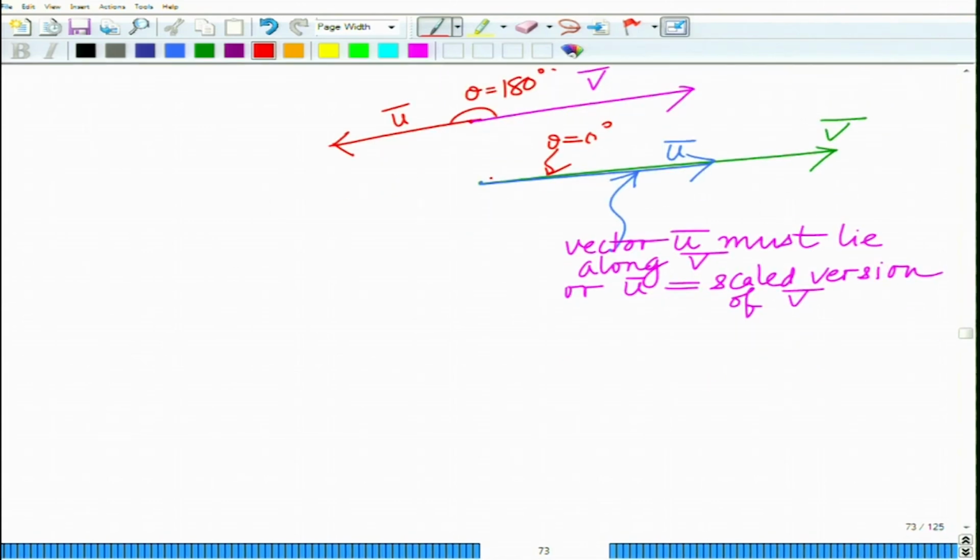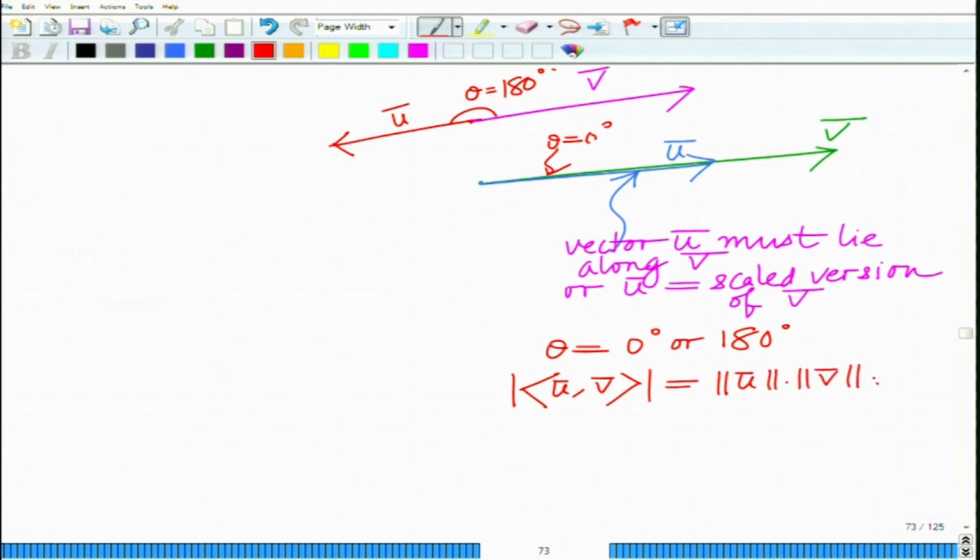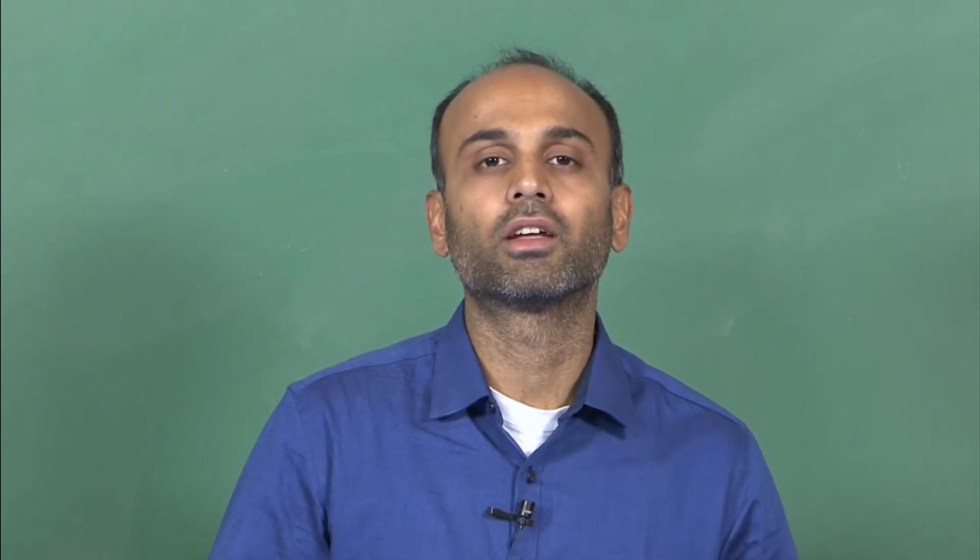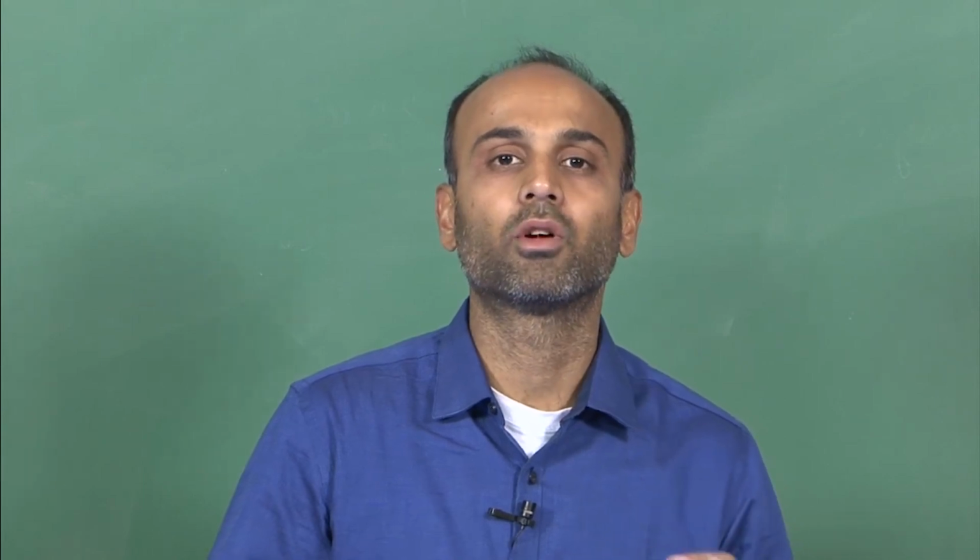Okay. So, in both the cases, that is theta equal to 0 degrees or 180 degrees, we will have the magnitude of the inner product of u bar comma v bar equals norm u bar into norm v bar. Of course, if theta equals 180 degrees, the inner product between u bar and v bar is negative, that is, it is minus norm u bar times norm v bar, and if theta equals 0 degrees, then the inner product is simply norm u bar times norm v bar.